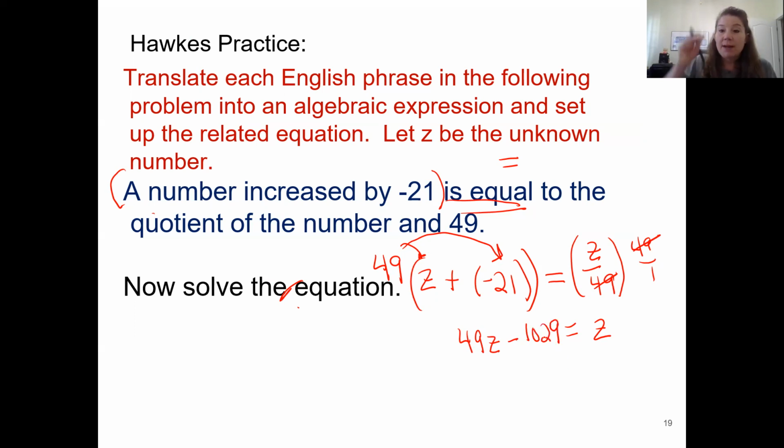All right, now I want my variable on the opposite side of my number. So I'm going to go ahead and get rid of this positive 49Z. The only way to get that to 0 is to subtract 49Z from both sides. So I bring down my negative 1,029 is equal to, what is 1 minus 49? 1 minus 49 is negative 48.